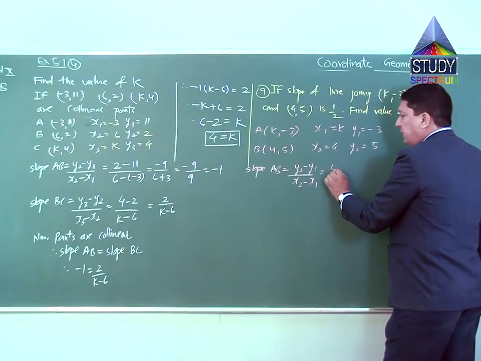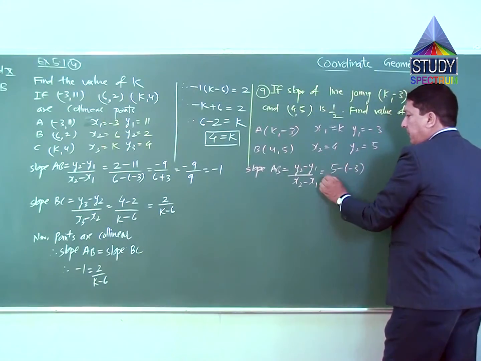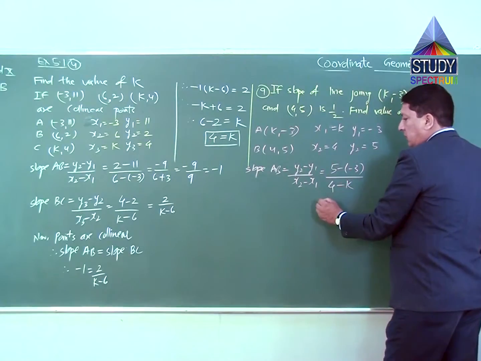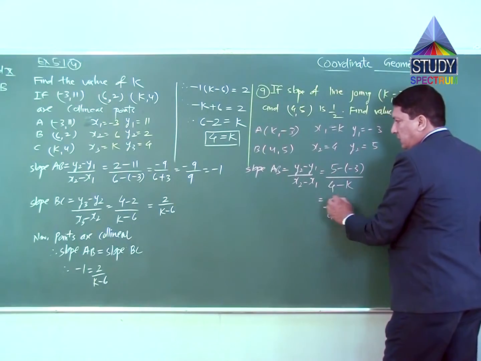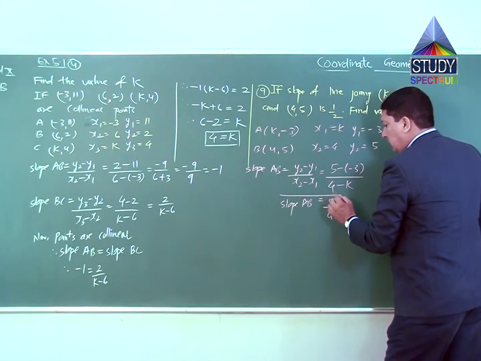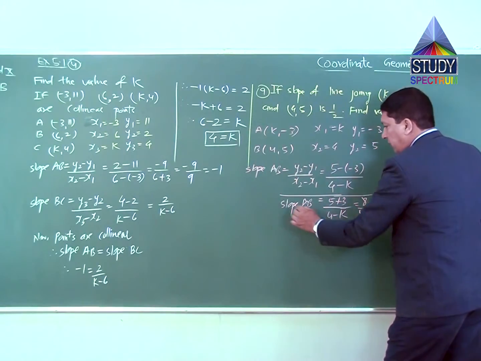Now Y2 this time is 5, Y1 is minus 3, so minus of minus 3, X2 is 4, X1 is K, so minus K. Equals 5 plus 3 upon 4 minus K. So we got slope AB as 5 plus 3 is 8, upon 4 minus K. So slope AB is 8 upon 4 minus K.